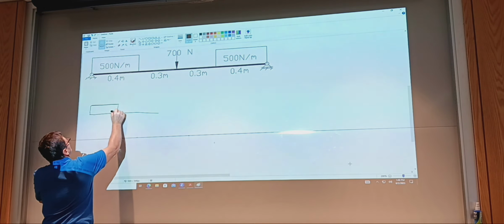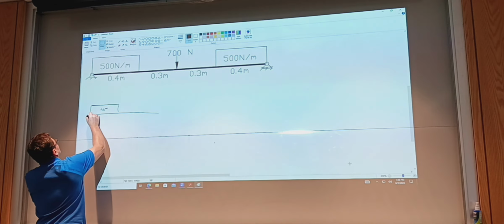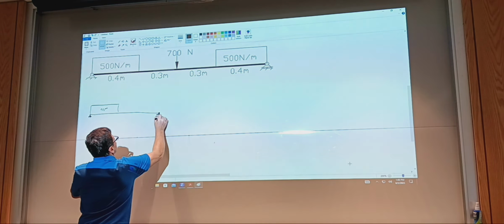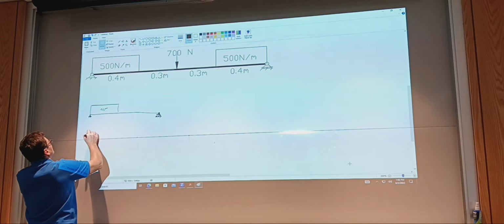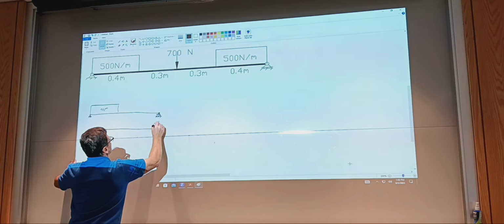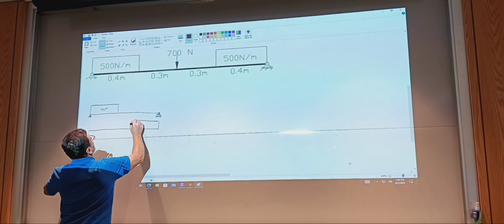So the distributed load was W on a simply supported beam, plus another distributed load but mirrored.